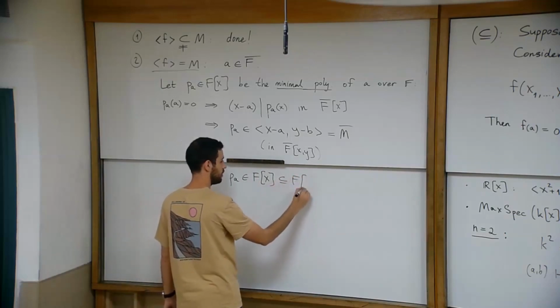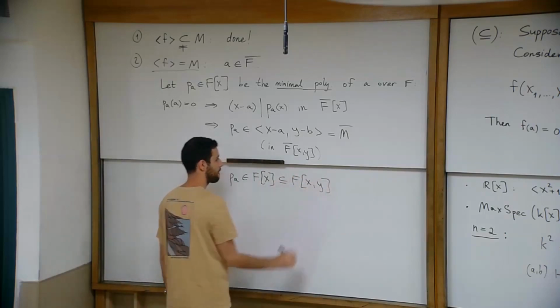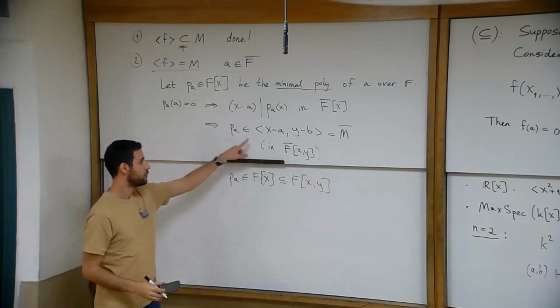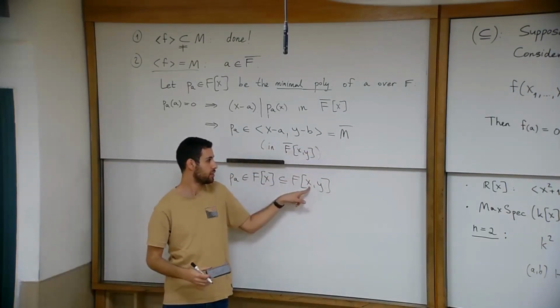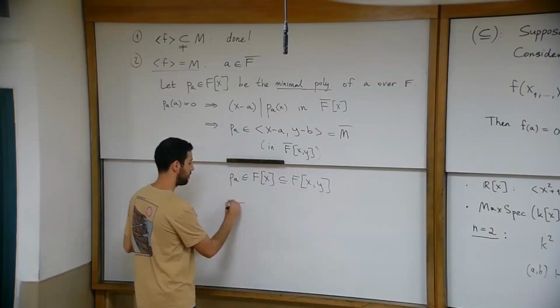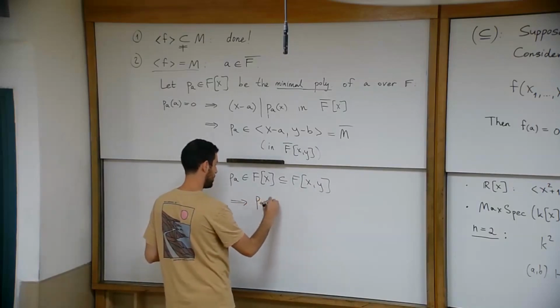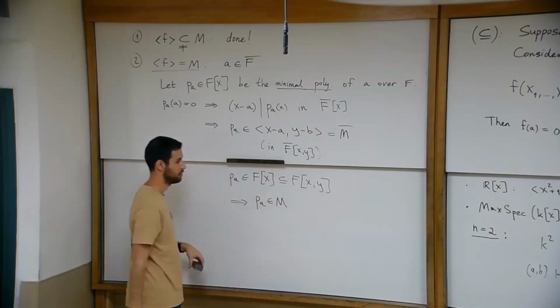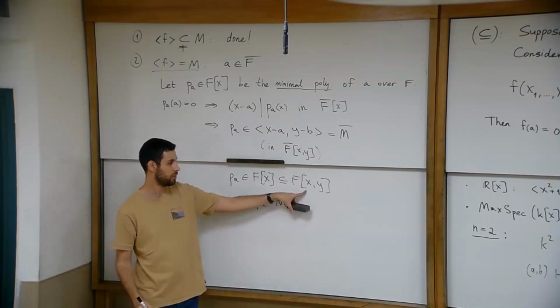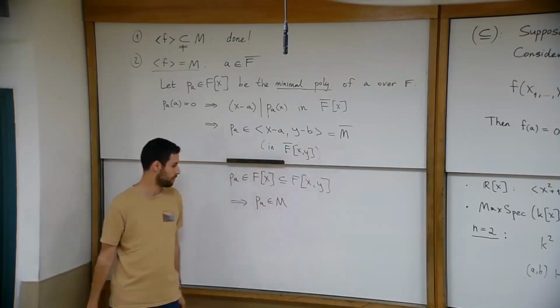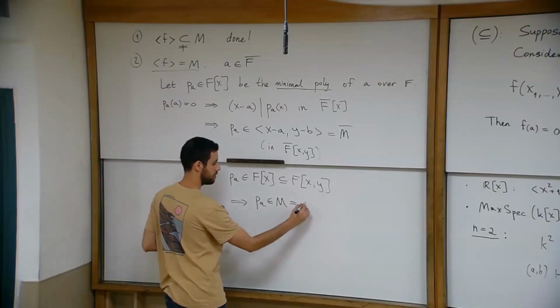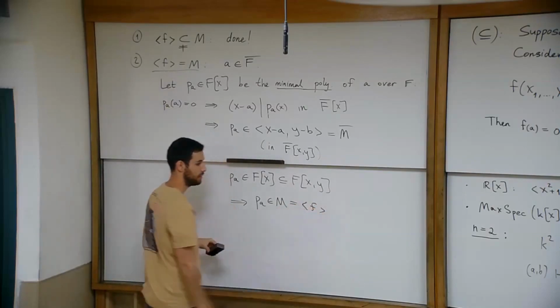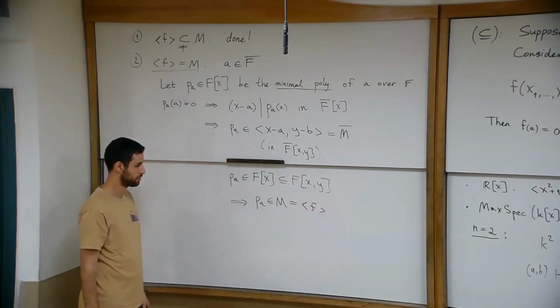So obviously to F of xy. So P of A belongs to M bar and F xy, so it belongs to the intersection, which is M. P of A belongs to M. Because it belongs both to F xy and to M bar. And since we're in case 2, we assume that M is exactly the ideal generated by f.